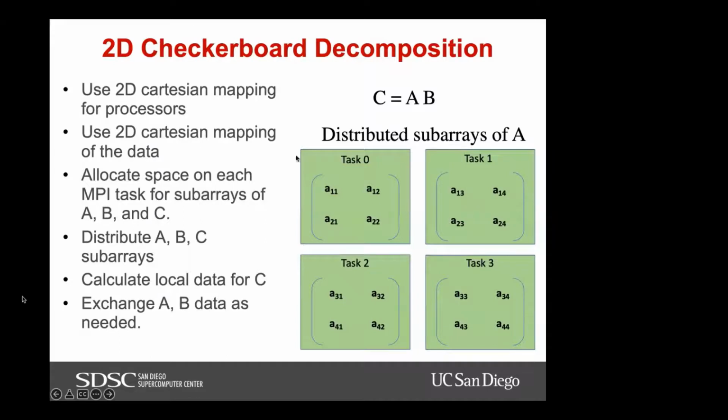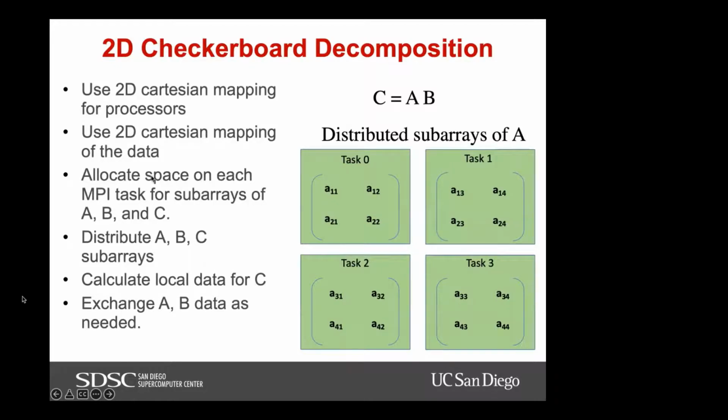So this is an example of that. Say you're doing a matrix multiplication and you just do a 2D Cartesian mapping for the processes. So you map the processes into a 2D grid and also do a mapping of the data. And there are MPI functions to let you do this kind of Cartesian mapping. So it's not that difficult to do once you know the right functions to use.